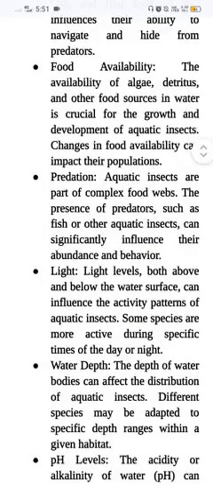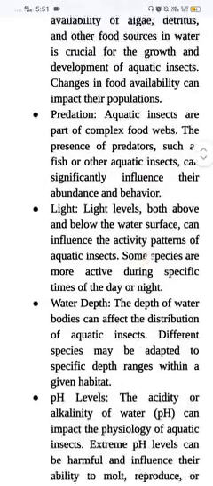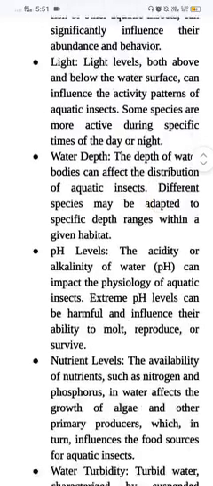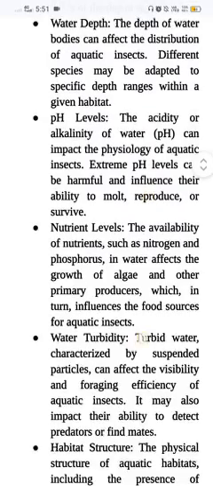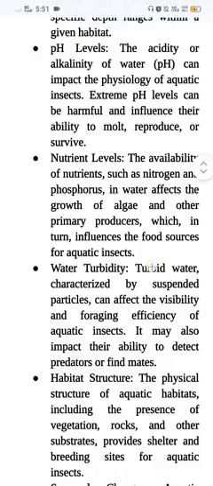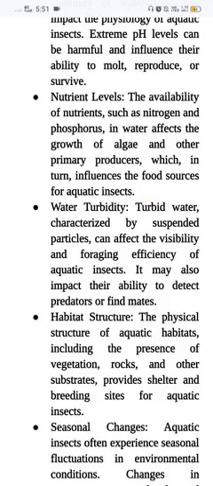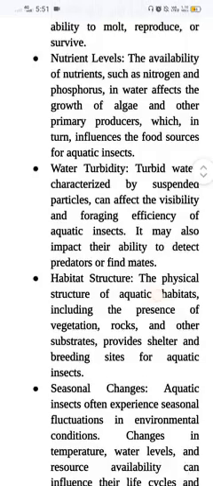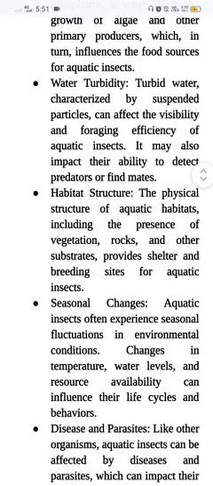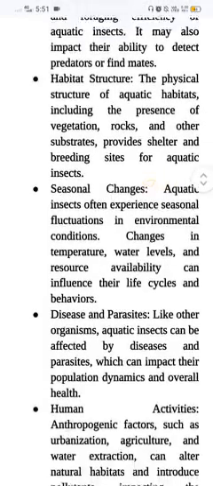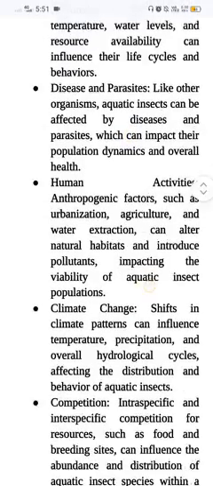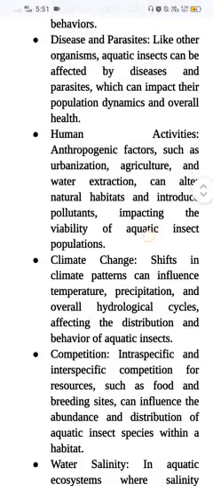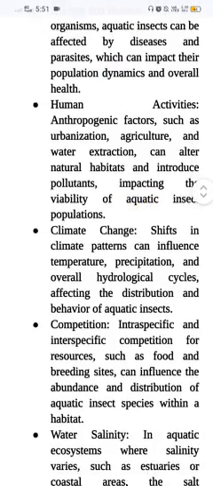Then predation, light level, water depth, then pH levels, so acidity or alkalinity of water, and nutrient levels, nitrogen or phosphorus availability, then water turbidity, then habitat structure, the overall habitat structure of these aquatic insects, then seasonal changes, diseases and parasites, human activities like anthropogenic factors, urbanization, agriculture, along with water extraction related influences.